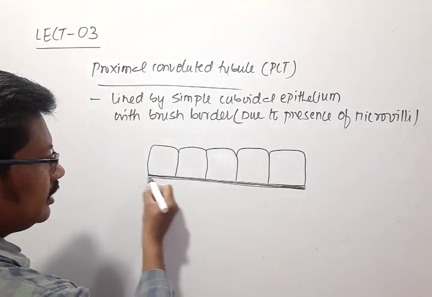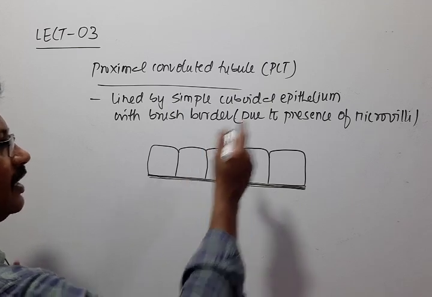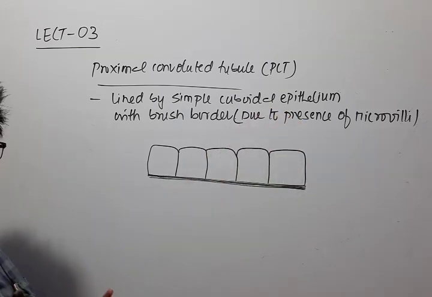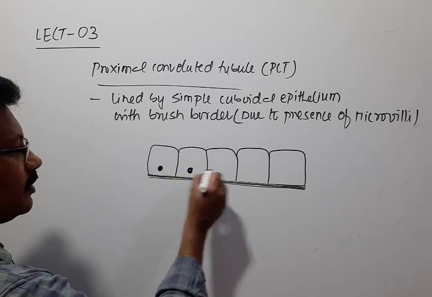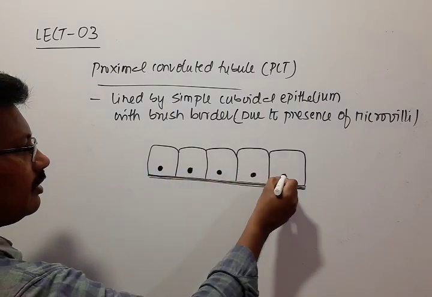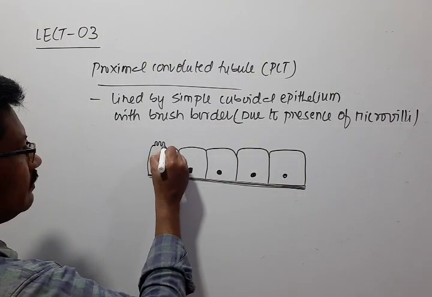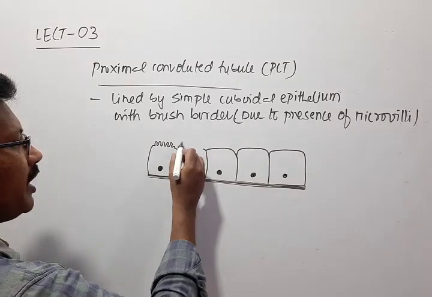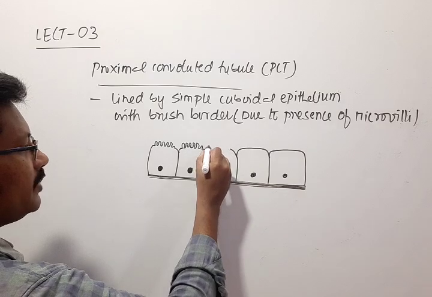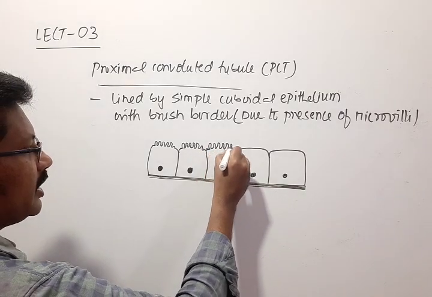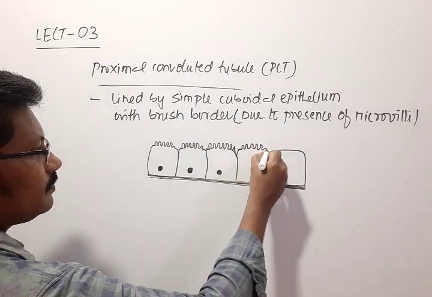For that reason, the cells lining the PCT have microvilli, which help in increasing the area of absorption. You'll find here the nucleus of the cells, and the free surfaces show these microvilli, and these microvilli give the appearance of a brush. So that's why we say it's a brush border.